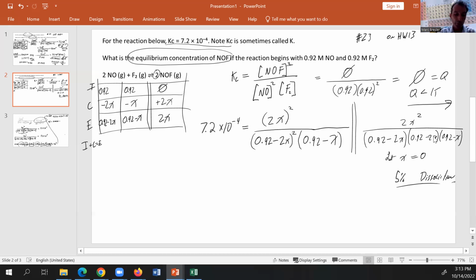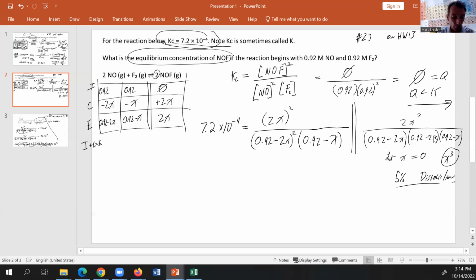And then to also know if that dissociation will work, you can look at your Kc value. This is a pretty small Kc value, so it should be a small dissociation. With big Kc's, you wouldn't be able to do that. And if you were going to move forward and do this polynomial math, you'd end up with an x cubed term. So you'd have to use a graphing calculator to solve for that.